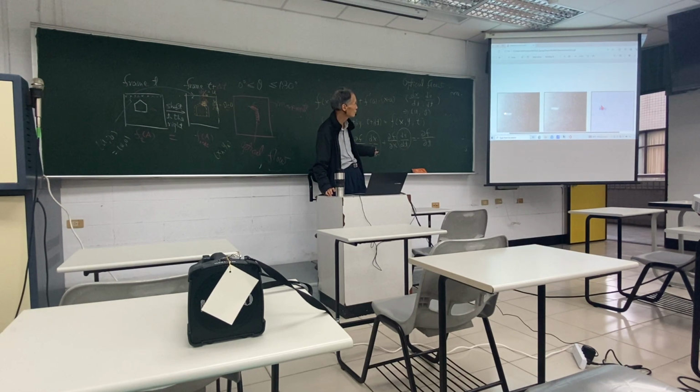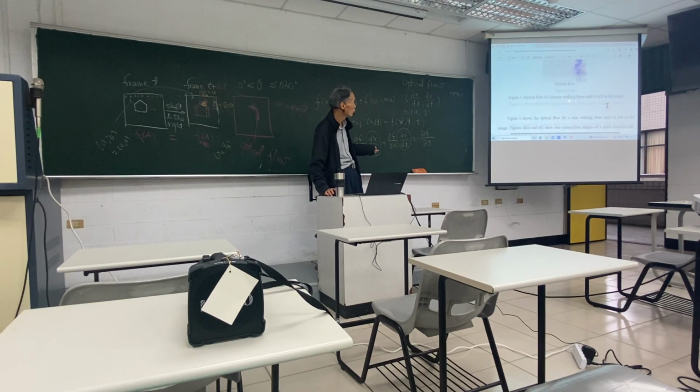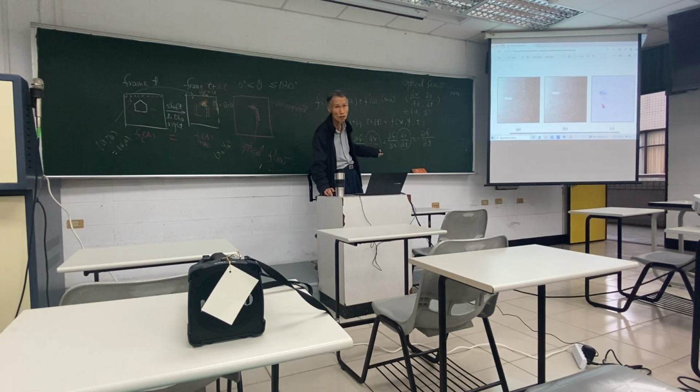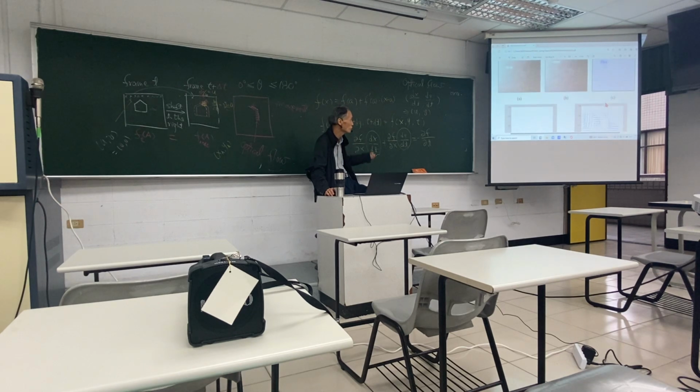The defect will move from one image to the next image, and we can use optical flow not just for motion detection, but also to identify hardly visible defects. That's some of the applications.